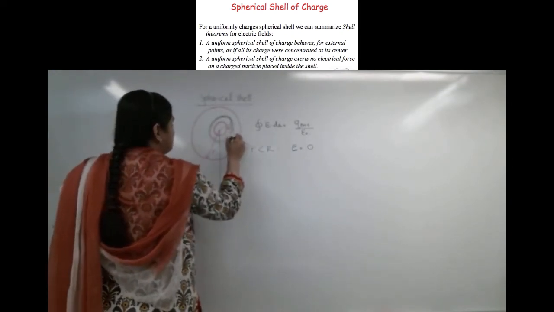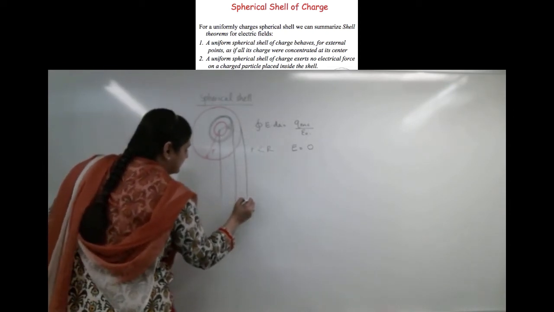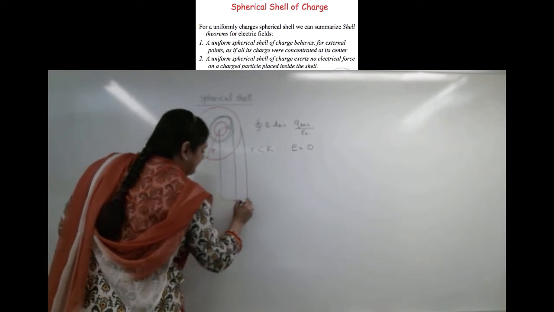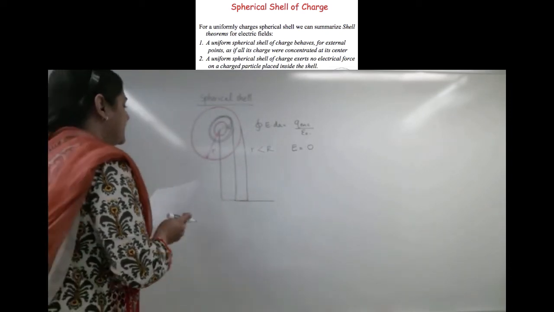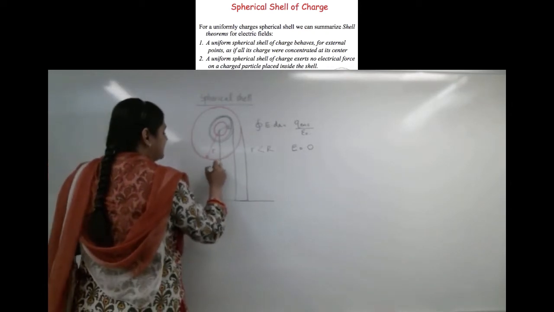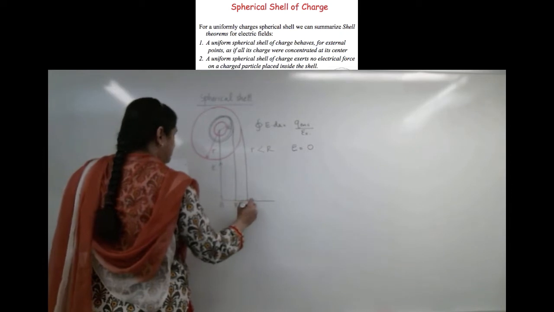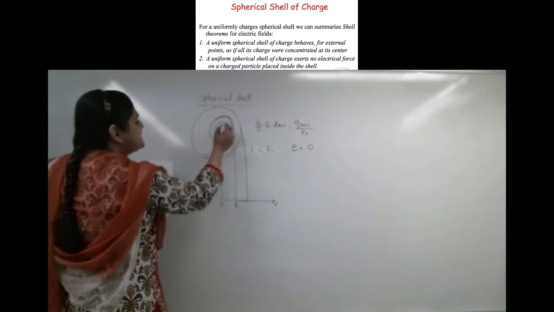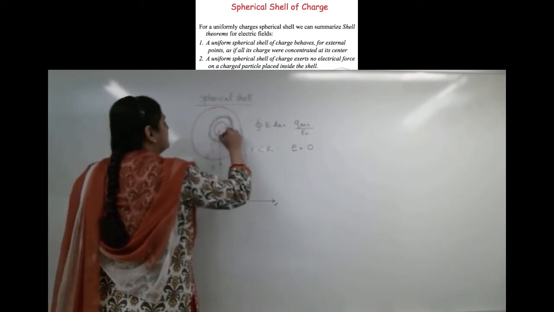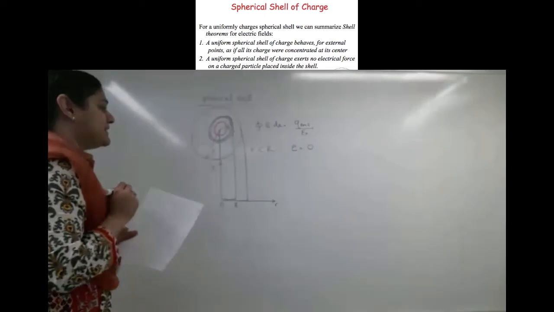So this is going to be my picture here: if my E field is on this axis, this is 0, this is big R, and that's r going forward. On the inside of this shell, what is the E field? Absolutely 0. There is no E field on the inside.